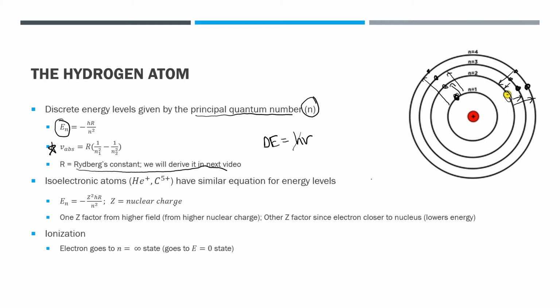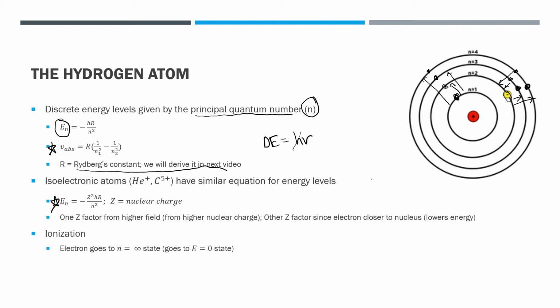So now let's describe the energy levels a little more quantitatively. If we look at this equation, E sub n, described by our principal quantum number, is equal to negative Z squared h times R over n squared.